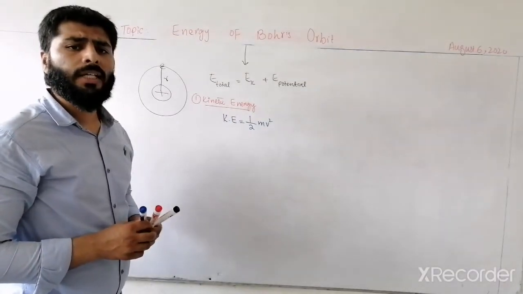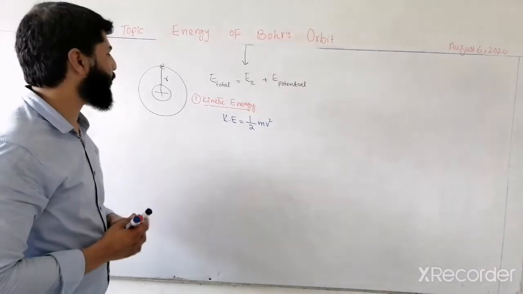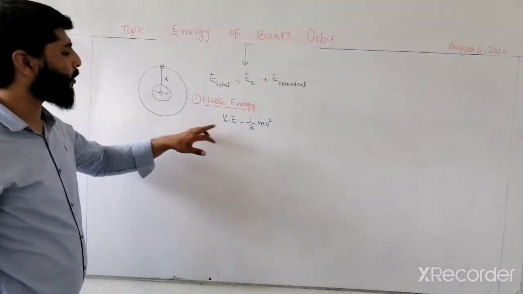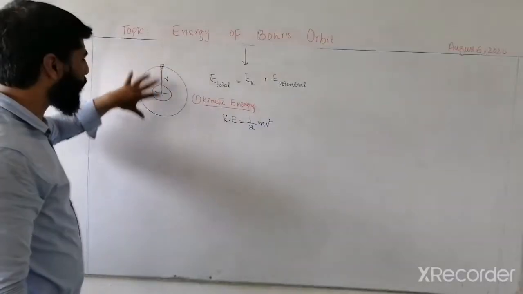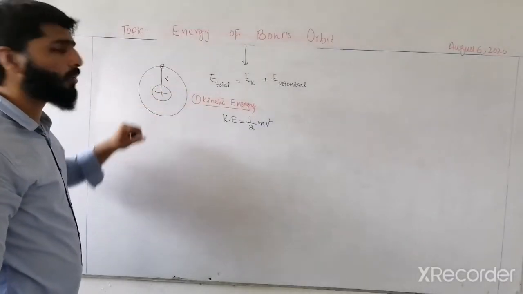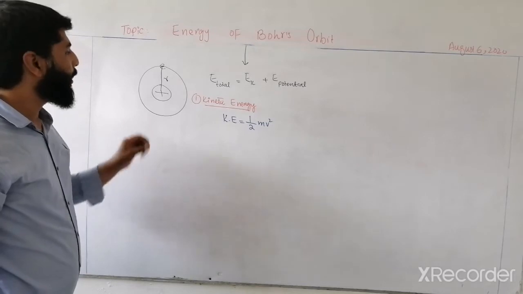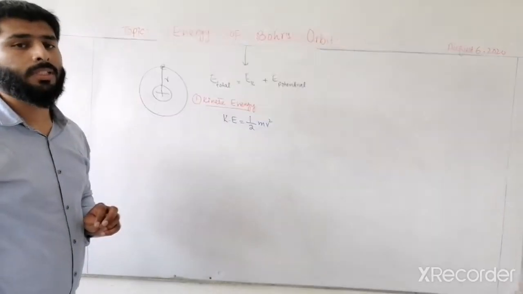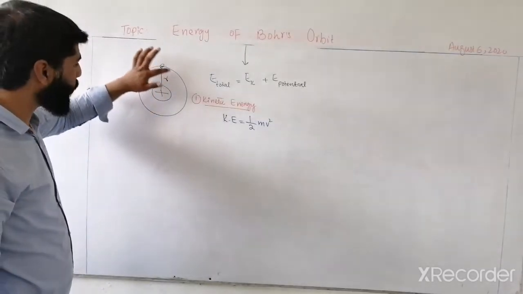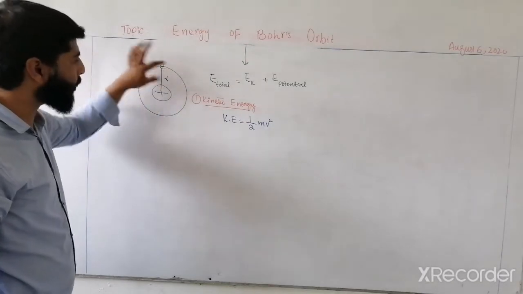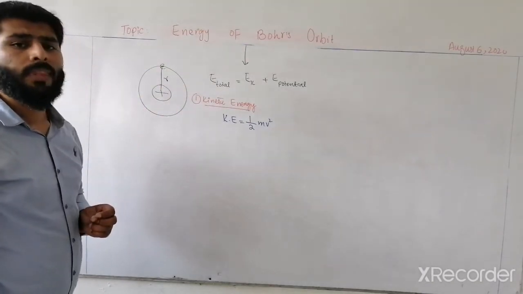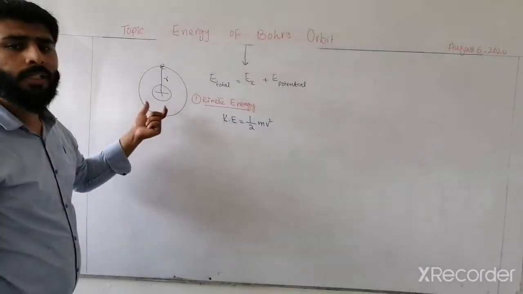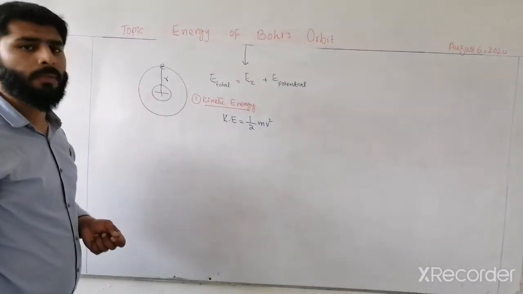Students, in the previous lecture we discussed that if an electron with mass m and velocity v is moving in an orbit in a circular path, then there are two types of forces which control the rotation of this electron in this orbit, and those two forces are electrostatic force of attraction and centripetal force.